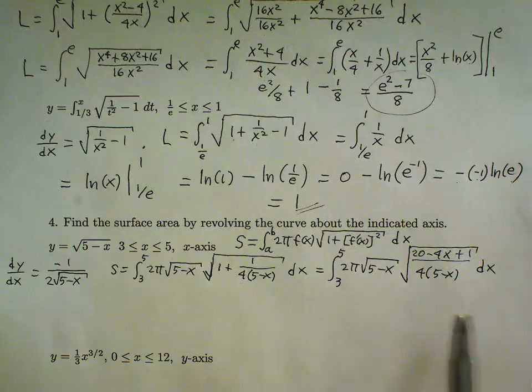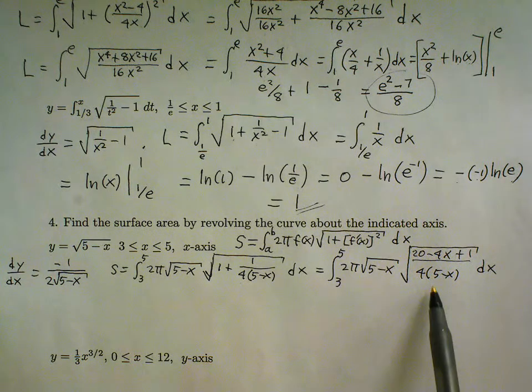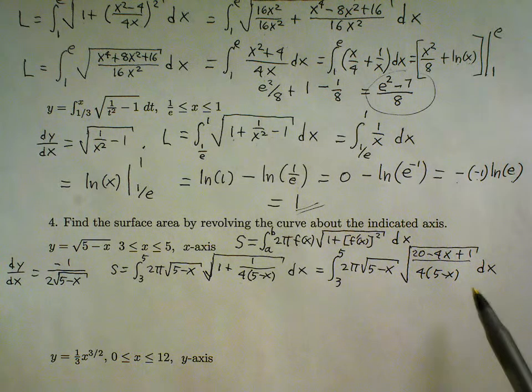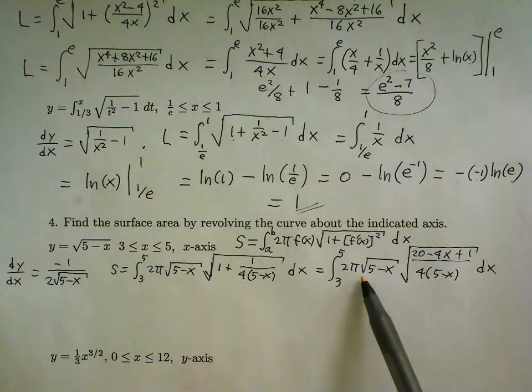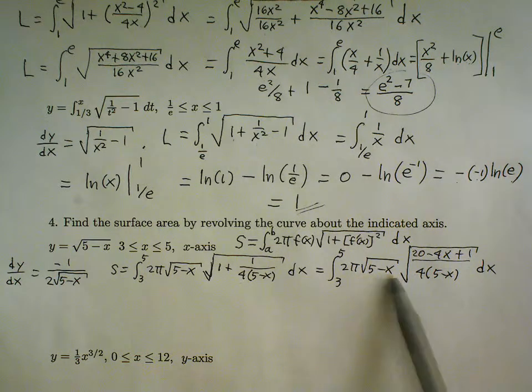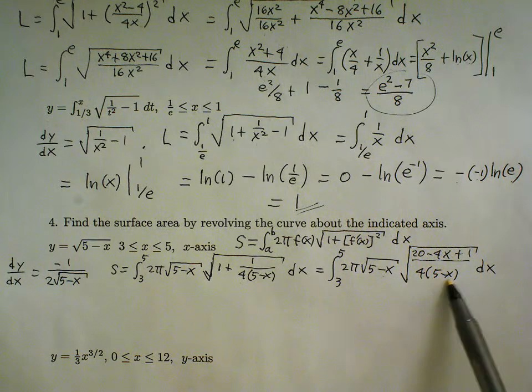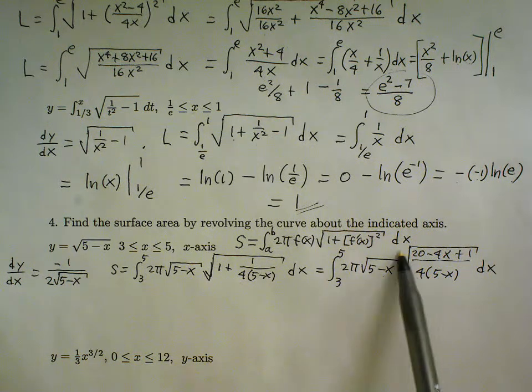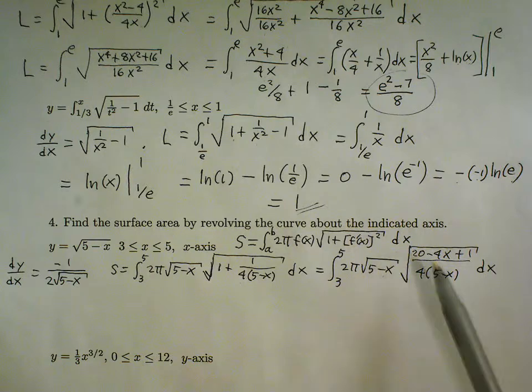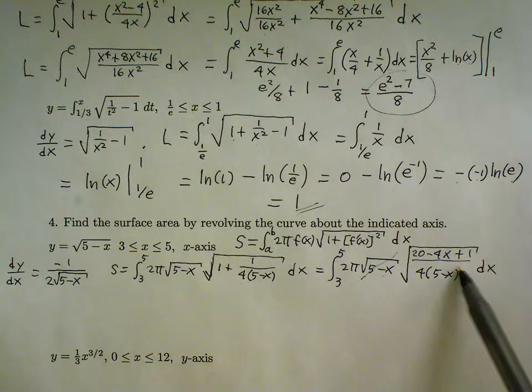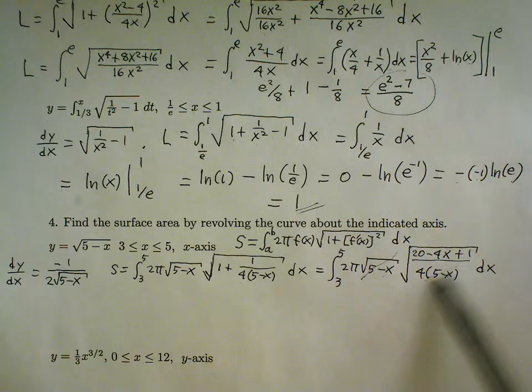You can probably see what's going to happen. We have the square root of 5 minus x in the numerator, and we also have the square root of 5 minus x in the denominator, so they cancel.